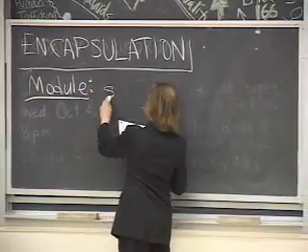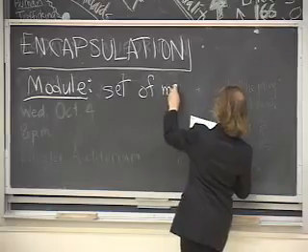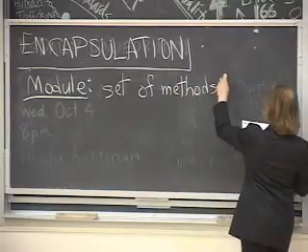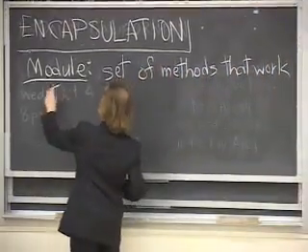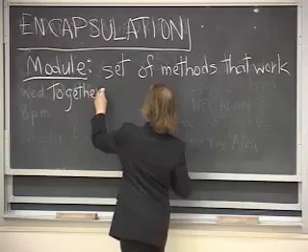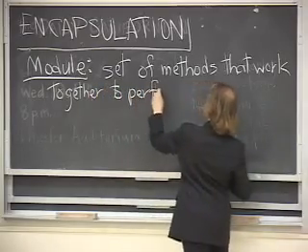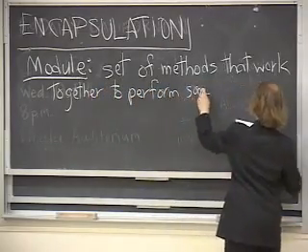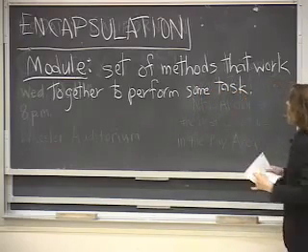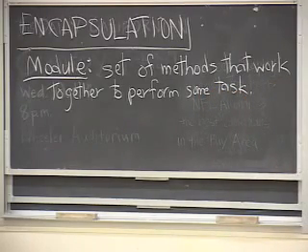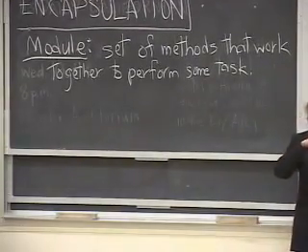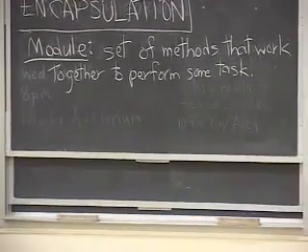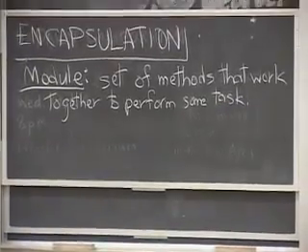More specifically, it's a set of methods that work together to perform some unified task. Like, for instance, to determine whether or not a game board has a winning network. And what defines the module really is the fact that you can put it into a nice encapsulated module that has a cleanly defined simple interface.